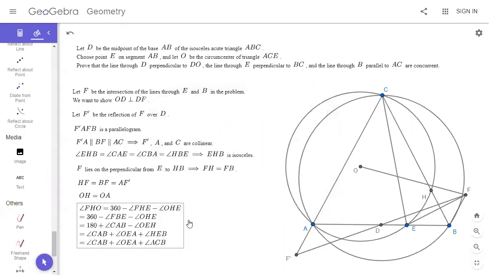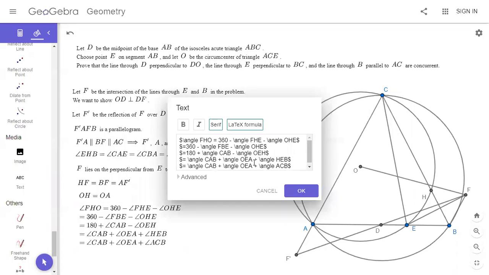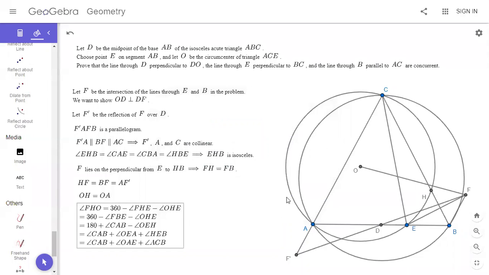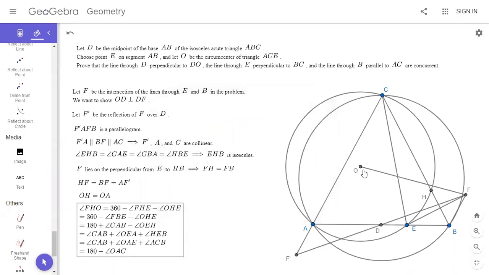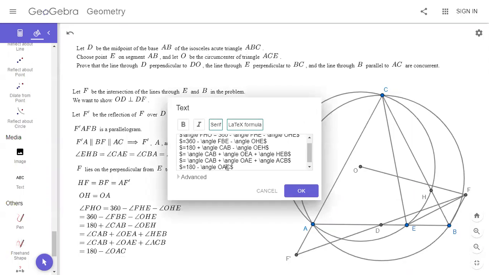And then CAB plus ACB is 180 minus CAB. I should change that to OAE like you said. From here, it's not hard to show that this is 180 minus angle OAC. So I'm just going to leave the rest of that calculation at the end. And that's equal to angle OAF prime.